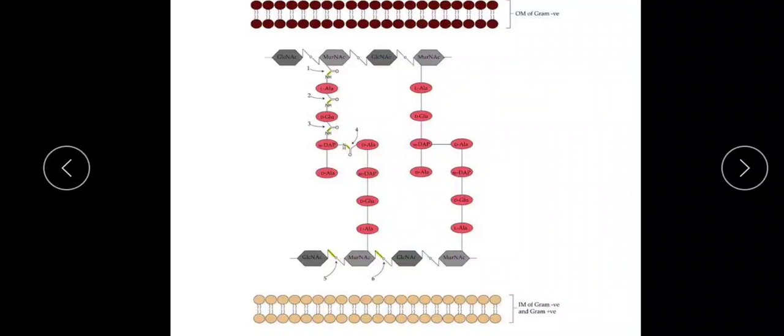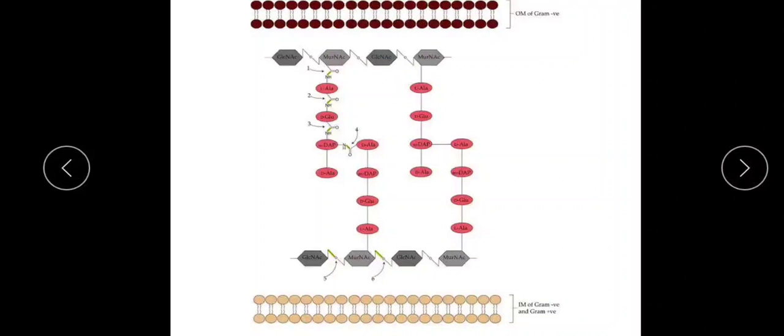And you can see one layer of alternating NAG and NAM, and another layer of alternating NAG and NAM. These two layers are interconnected, cross-linked with each other by a peptide chain.